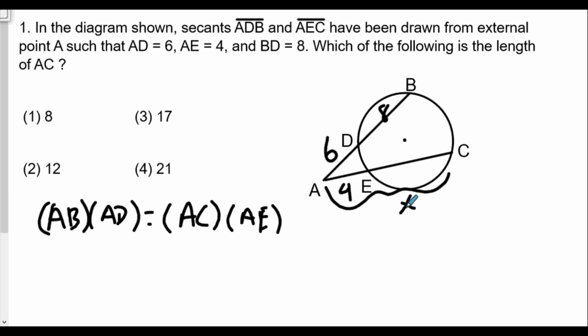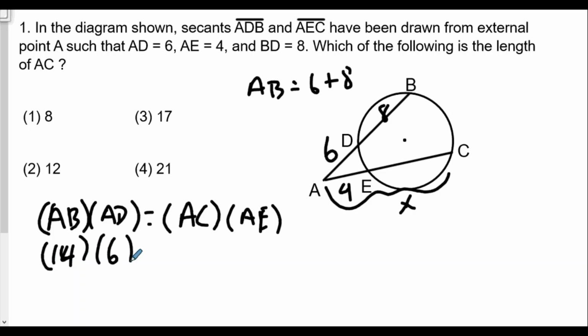And so AB is not 6 or 8, it is really 6 plus 8. Please be very careful, we're adding the segments, not multiplying them. So AB is 14. AD, the external segment, is 6, times AC, which we call x, and AE is 4.